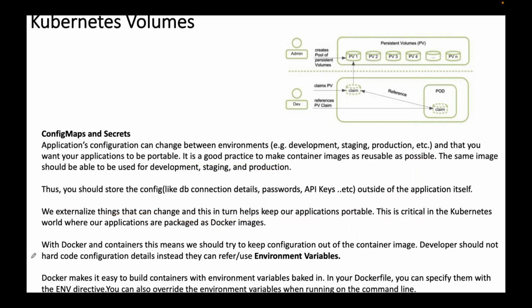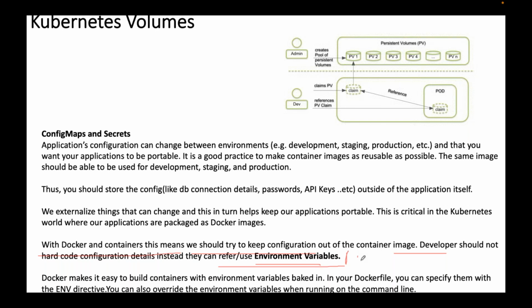Now, with Docker and containers, we can keep these configurations out of the image. I mean to say, developers will not hard code the configurations. Instead, will they be able to use environment variables, or read from files like property files, XML files? Then at runtime, can I pass environment variables to the container, or can I mount the files to the container from outside if your code is reading the properties from that file?